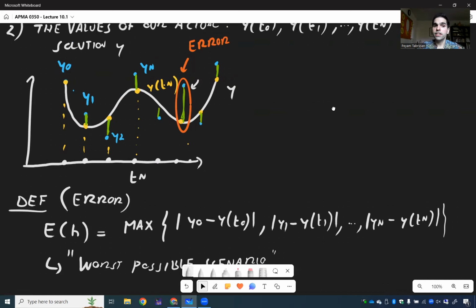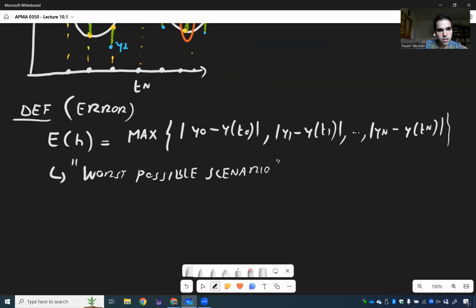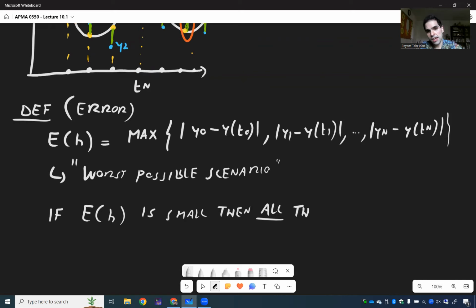Conversely, if E of h is small, then all the y_k are close to y of t_k.